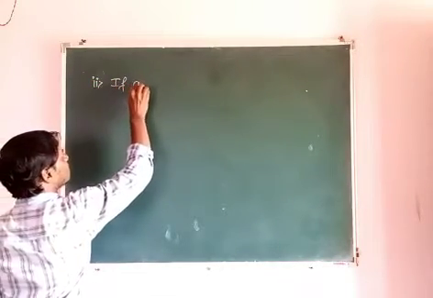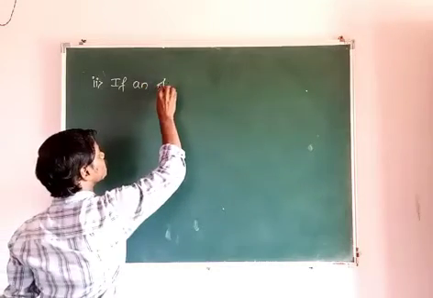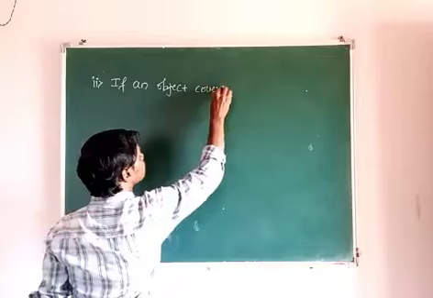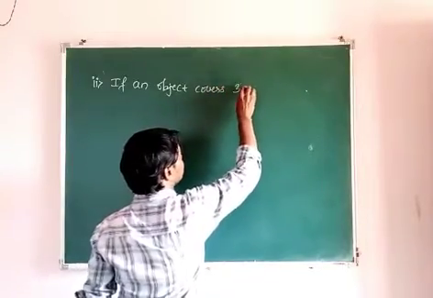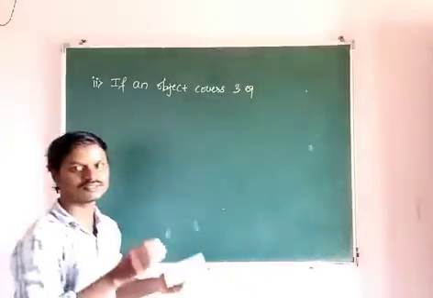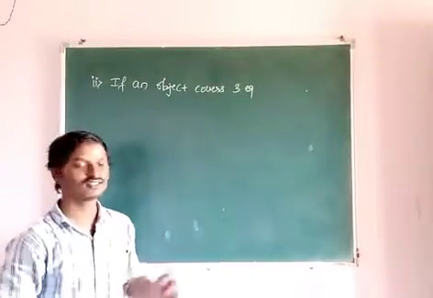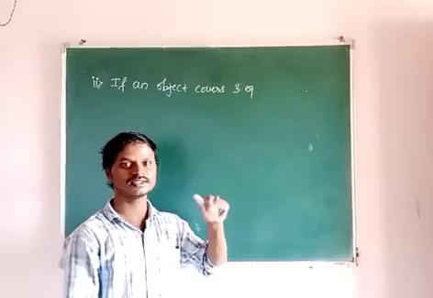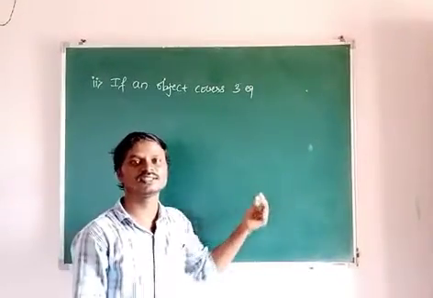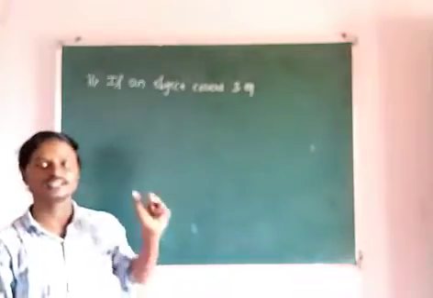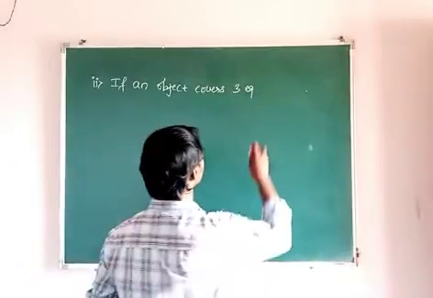If an object covers three equal distances, it means a distance can be divided into three equal parts. For example, 6 km is divided into three equal parts, that is 6 by 3, which is 2 km, 2 km and 2 km. Then how to find the average speed?